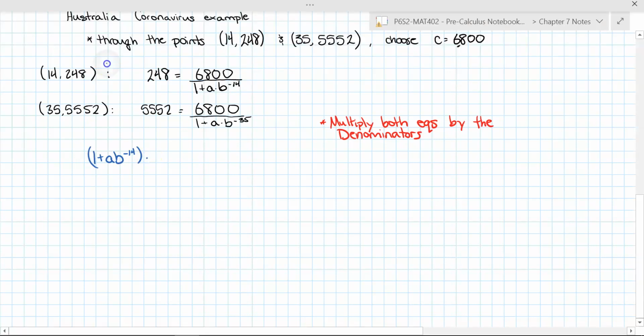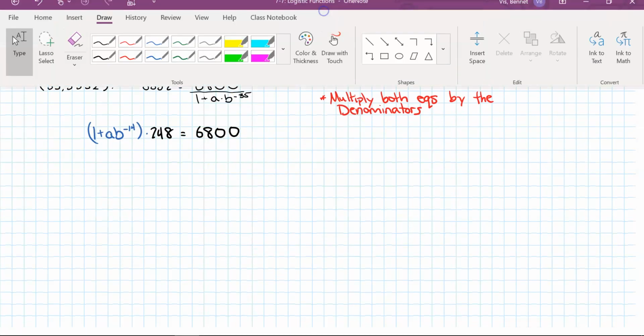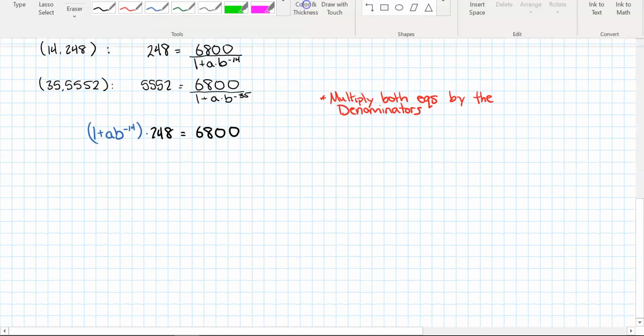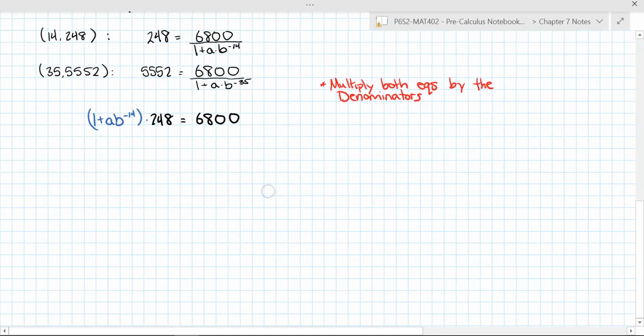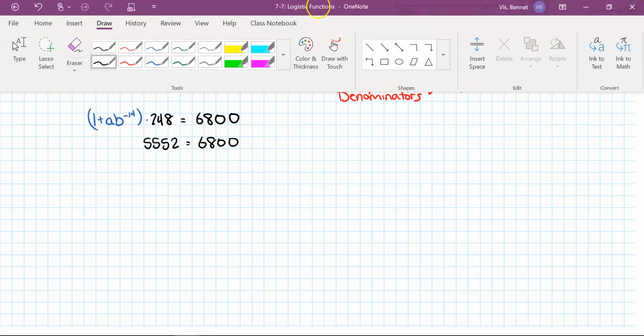So it'll be 1 plus AB to the negative 14th times 248 equals 6,800. This times that would cancel on that side, and so that's all that I'm left with. If I did the same thing on the bottom one, I'll have 5552 equals 6,800 divided by 1 plus AB to the negative 35th, but I'm going to multiply that on both sides.